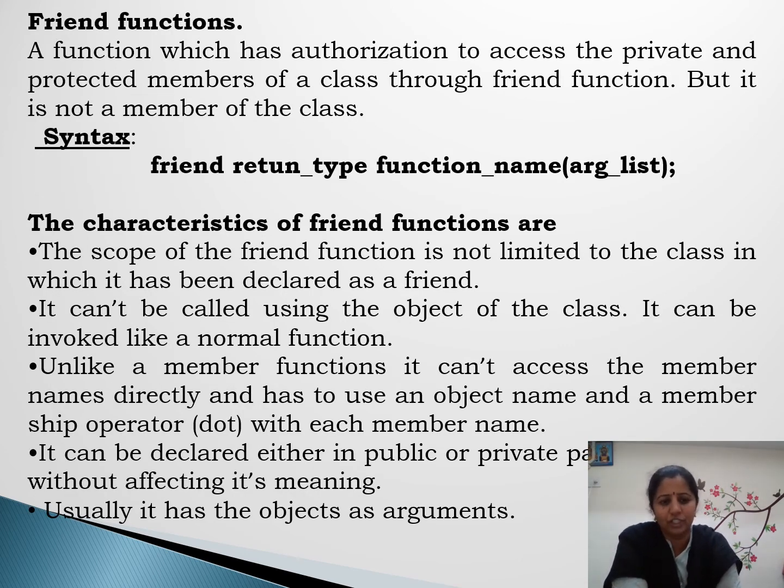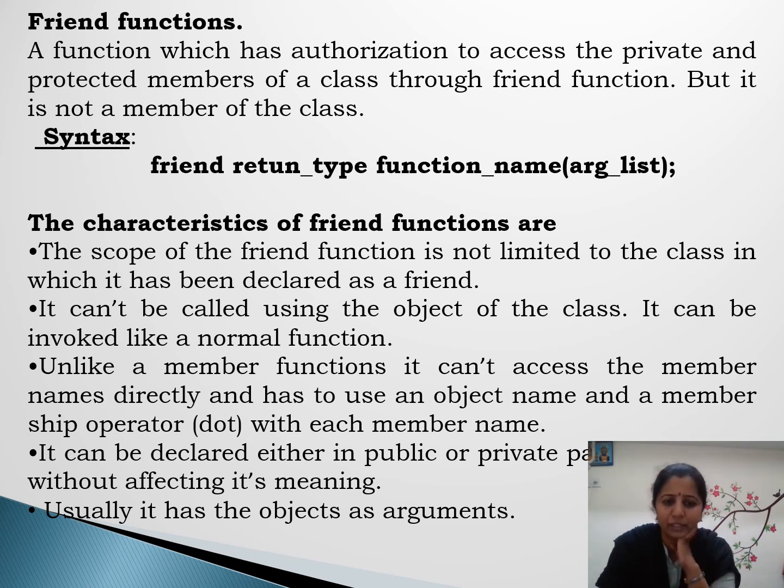Then friend functions, one more important question. A friend function is authorized to access both private and protected members. A friend is a non-member function declared within the class under any access specifier, but the definition is done outside the class like a normal function, without the friend keyword.